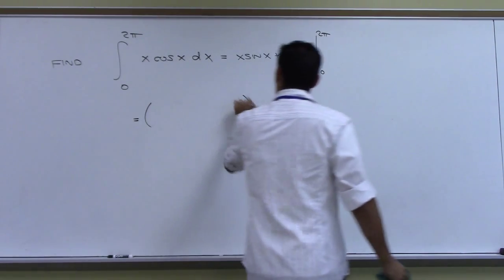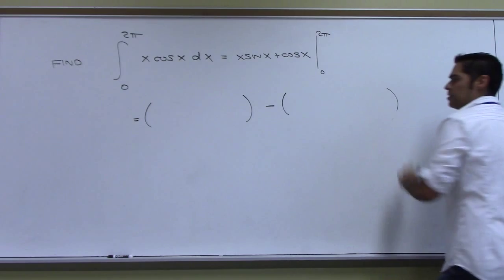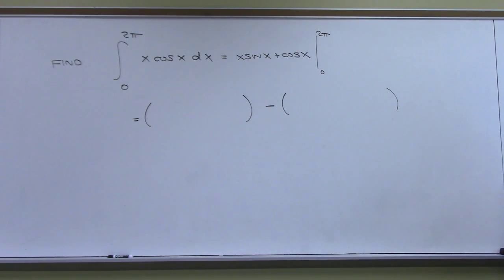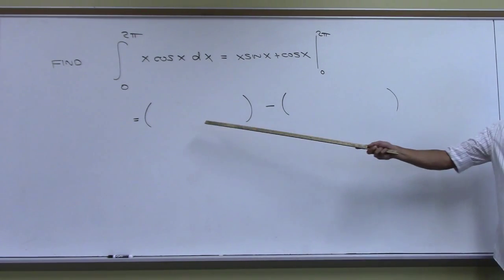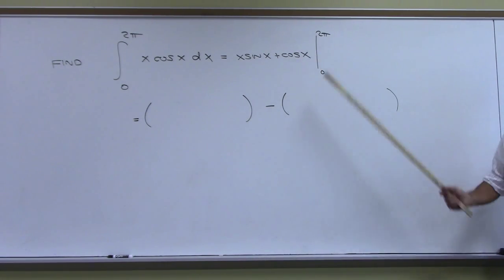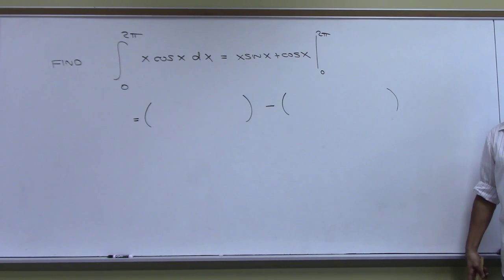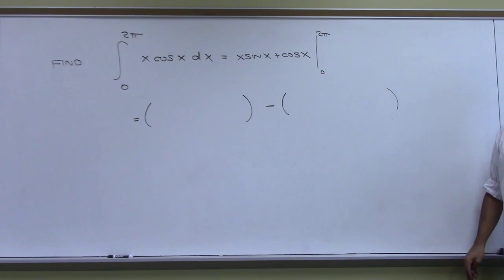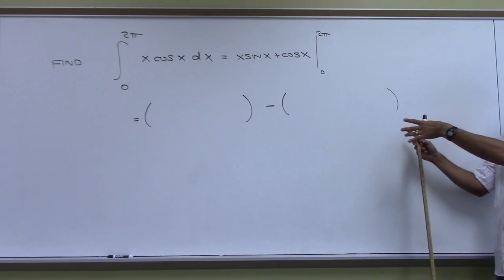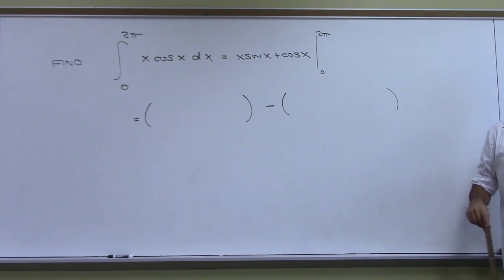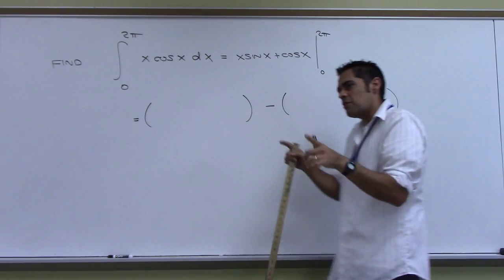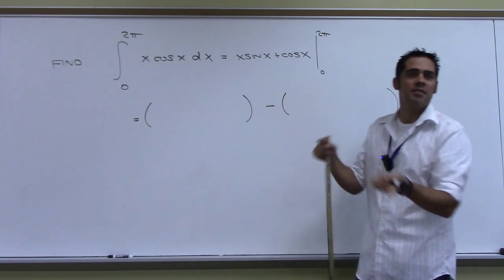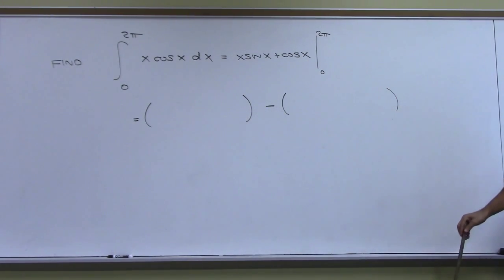So I'm going to have equals, two parentheses, separated by subtraction. And just always remember that the b goes first, right? B goes in first, then the a. If you get them backwards, you're going to be off. The answer is going to be actually opposite in sign. So if the answer is supposed to be 2 and you do it backwards, it's going to be negative 2. So the good news is that you'll still get the correct quantity. It'd just be off by a sign. But it'd be wrong, right?